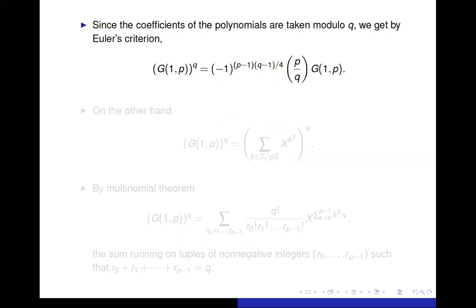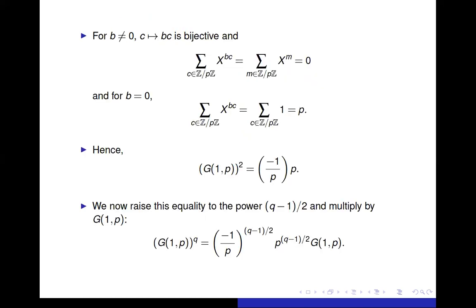But now, if you remember, we are in the ring Z over qZ of x divided by some polynomial. So the coefficients of the polynomials are always taken modulo q. So I can reduce modulo q and apply Euler's criterion. By Euler's criterion, Legendre of minus 1 over p is minus 1 to the p minus 1 over 2.